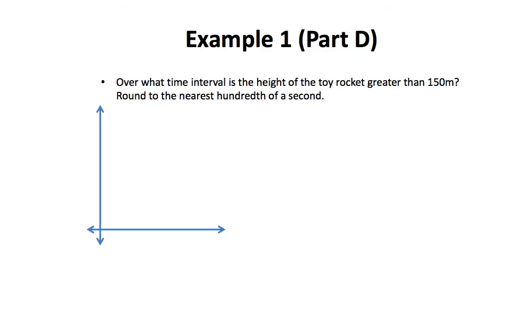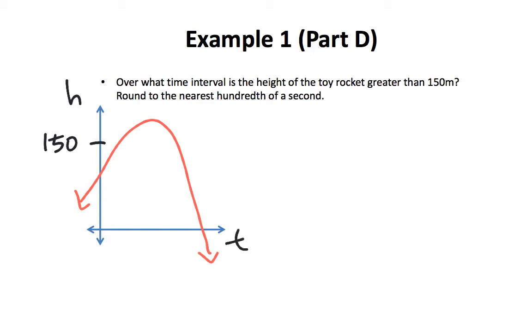In part D, we want to figure out over what time interval is the height of the toy rocket greater than 150 meters, round to the nearest hundredth of a second. The first thing you should do is do a rough sketch. We want to figure out at what times the rocket is at 150 meters. Height is on the y-axis and time is on the x-axis. Basically, we want to figure out this and this.